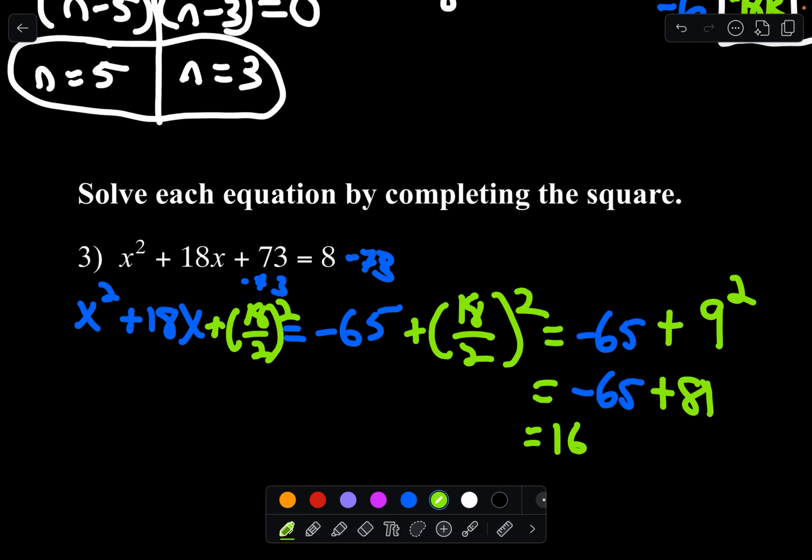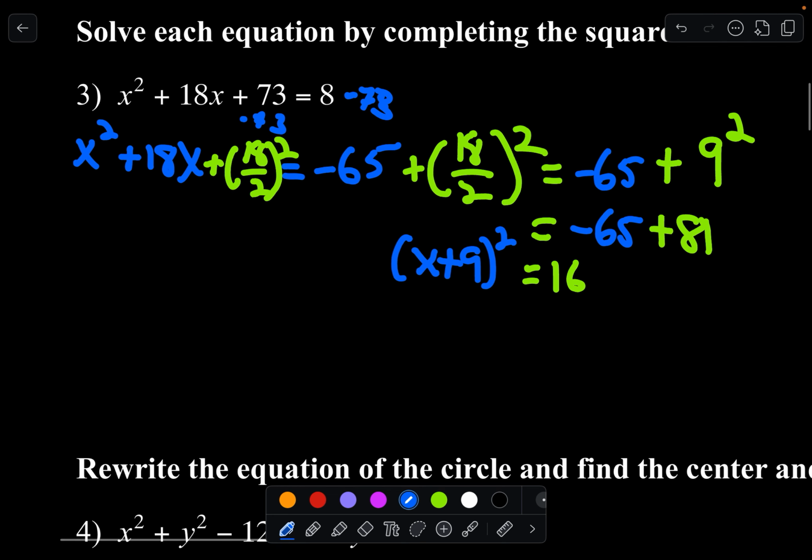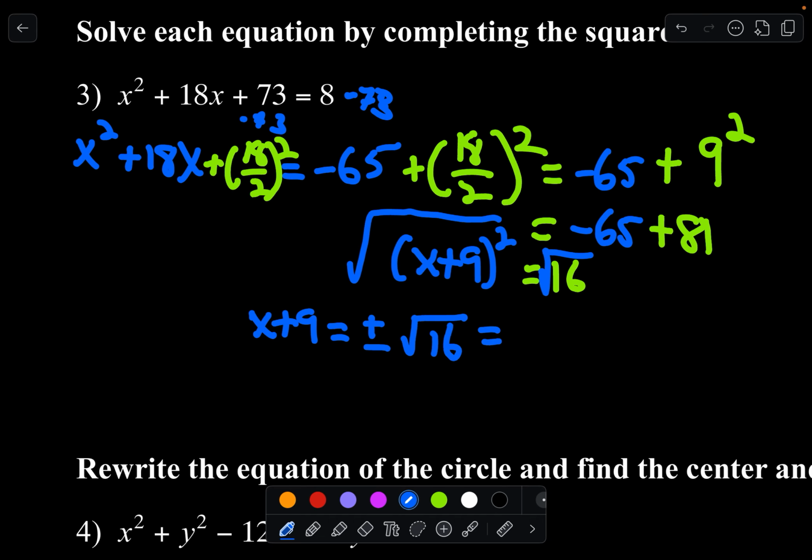So now we have (x plus 9) squared equals 16. Take the square root of both sides. Now we have x plus 9 equals plus or minus the square root of 16, which is plus or minus 4. Subtract 9.